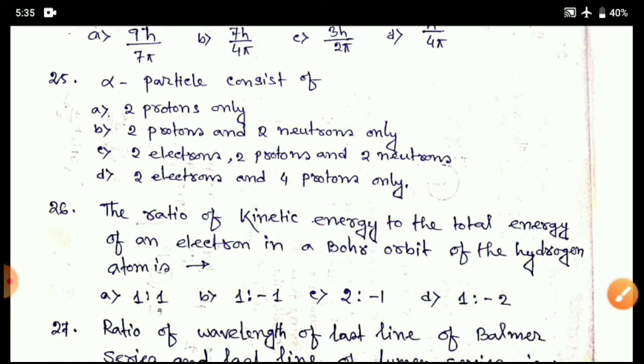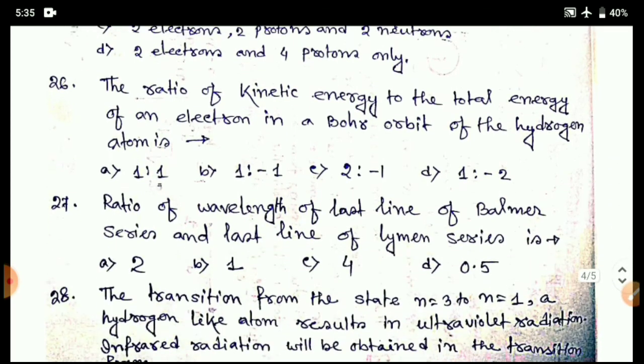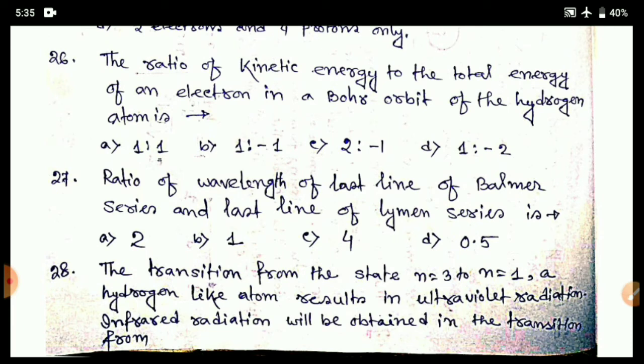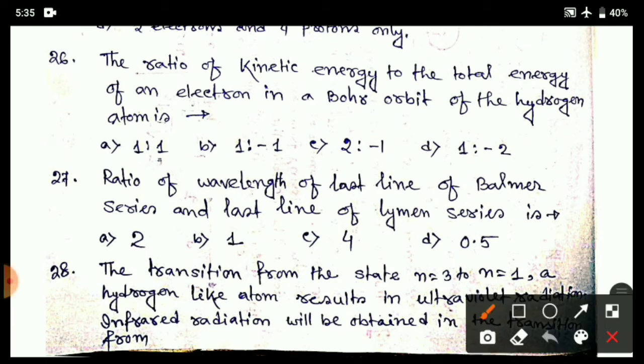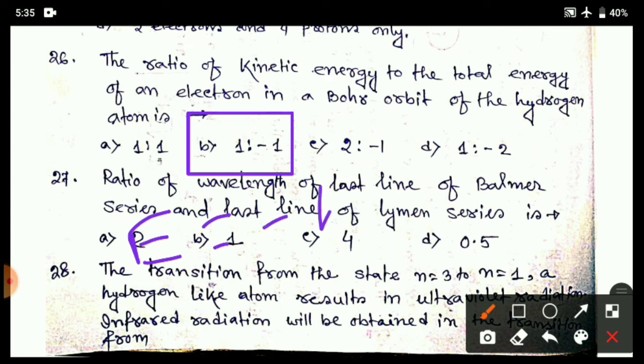Okay, next question: the ratio of the kinetic energy to the total energy of an electron in a Bohr orbit of hydrogen atom is. Option B is the right answer, 1:-1. We know total energy E equals minus of kinetic energy.